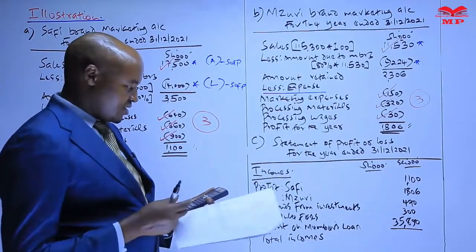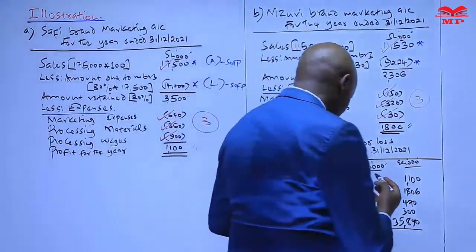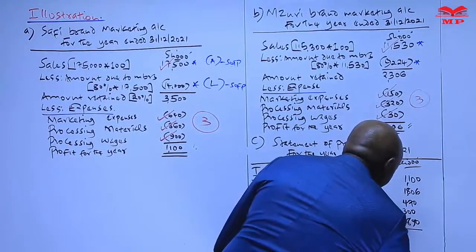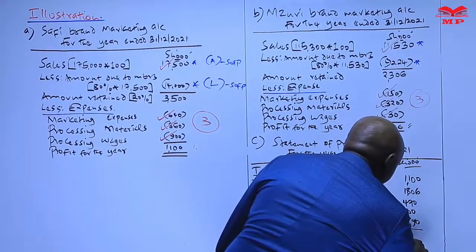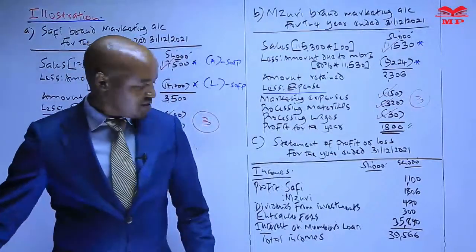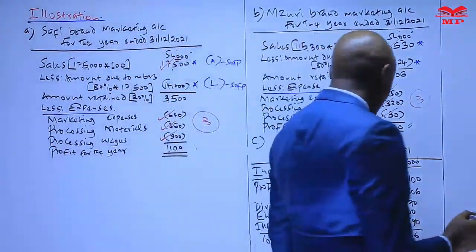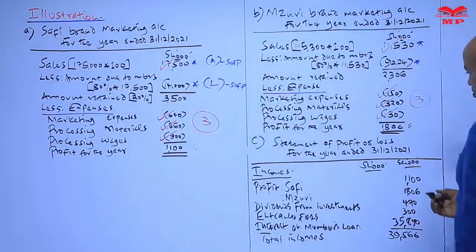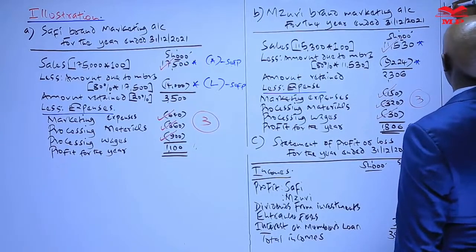Okay, yes, that will give us the total incomes of 39,566. After getting the total incomes, what do we do next? We proceed and we less now the expenditures.